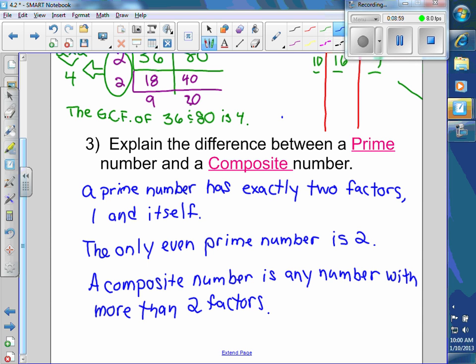Right? Yes. What would 1 be because it only has 1? It's neither prime nor composite. That's a good question. No, it's just not a prime and it's not a composite.